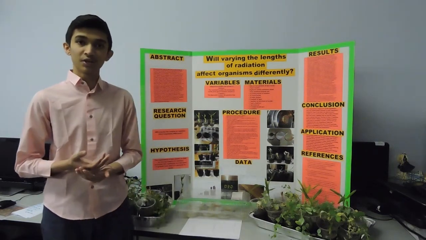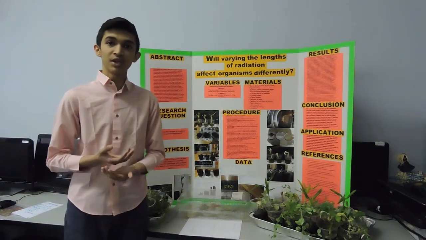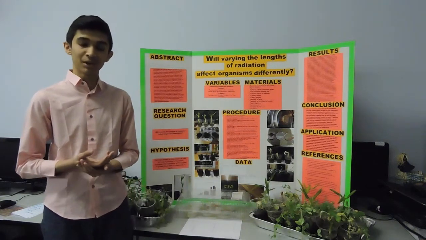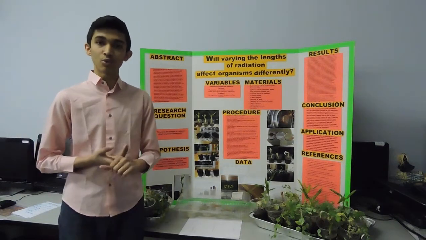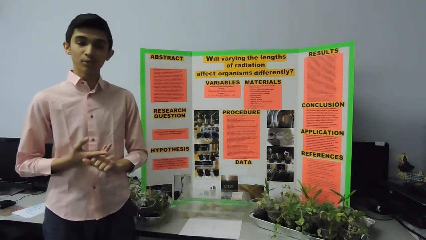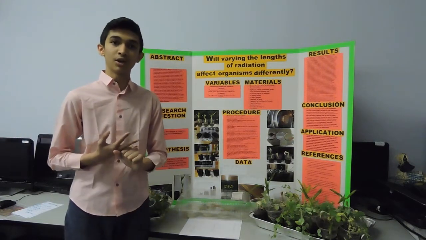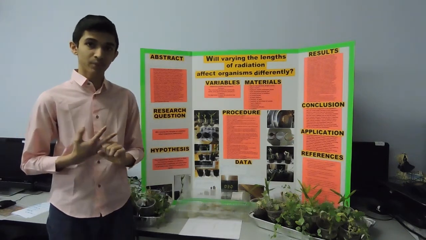The variables of this experiment are the independent variable being the amount of radiation, and the controlled variables being the normal pea seeds, the homegrown bacteria, and the pieces of bamboo.